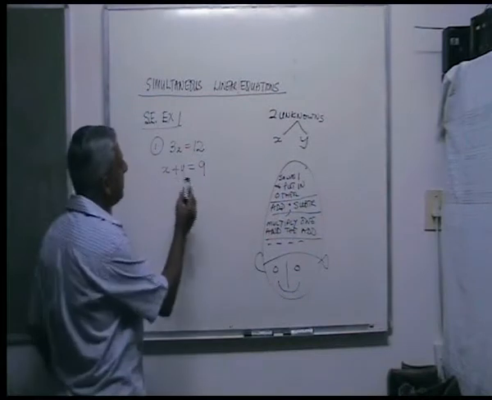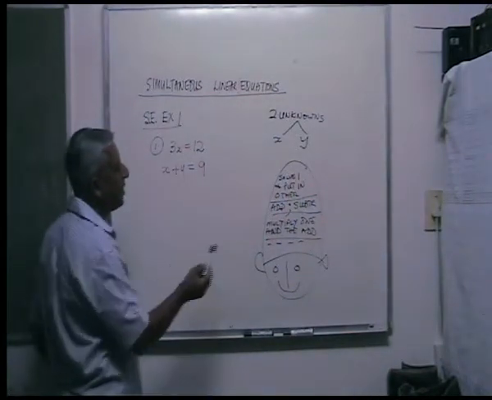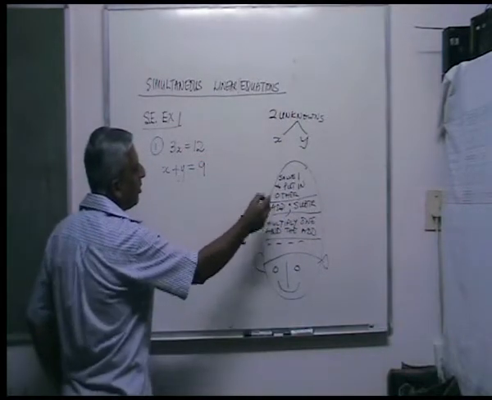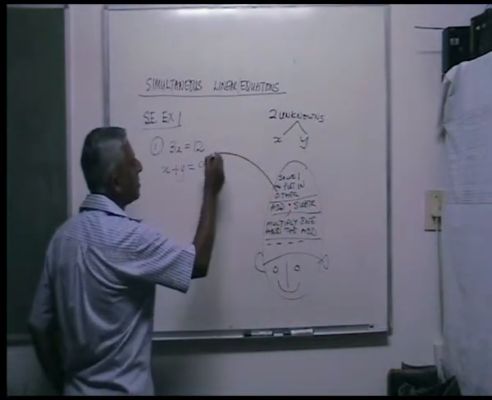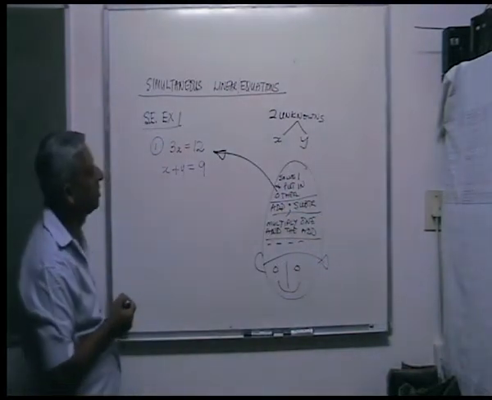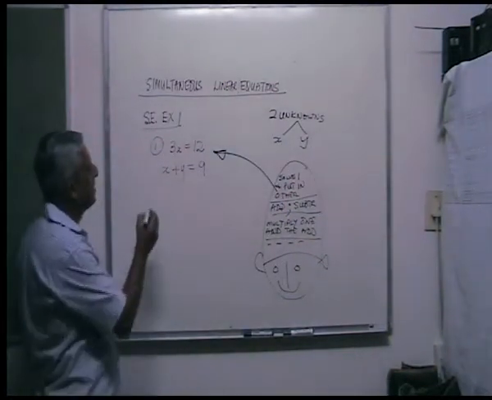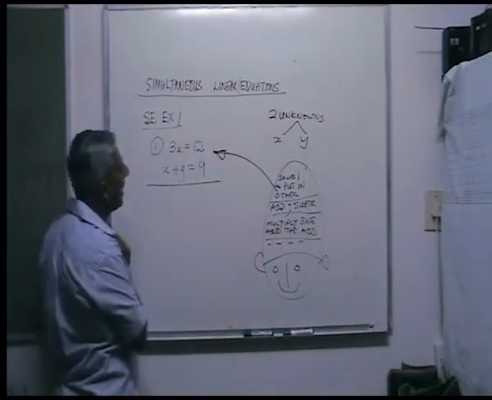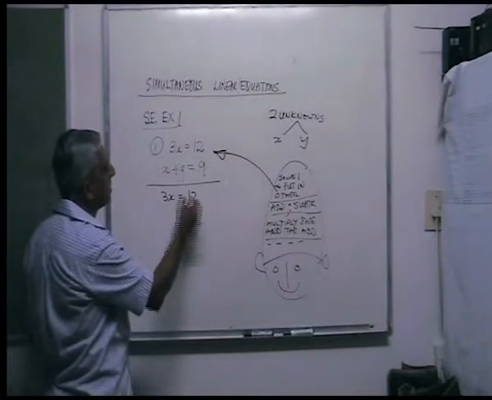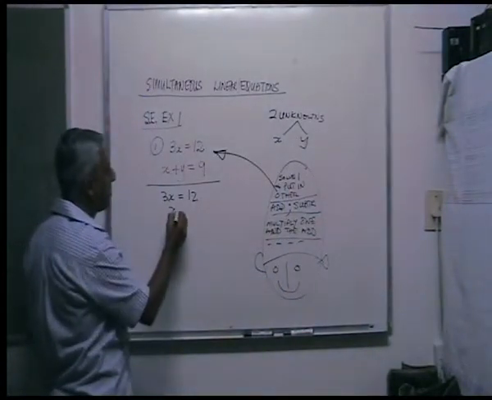Okay, so you got this question here, you're looking at number 1 and your brain box is working now and your brain box tells you, oh, so this one you must solve one and put in the other. So you just draw a little line like that. You take 3x is equal to 12 and you solve it.